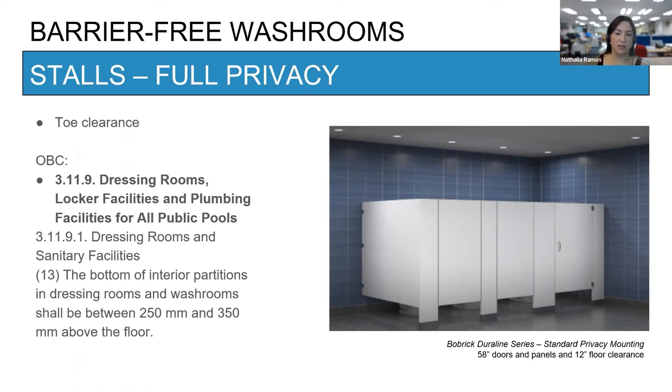This means that the only product with which you can comply with this requirement is the Bobrick Duraline series, the standard privacy mounting that you have probably already specified, with 58 inch doors and panels and 12 inches of floor clearance.